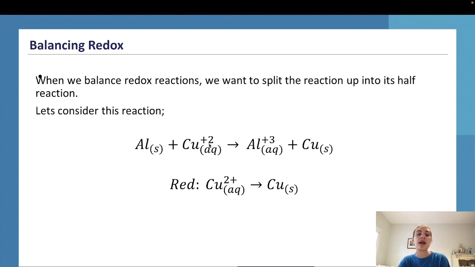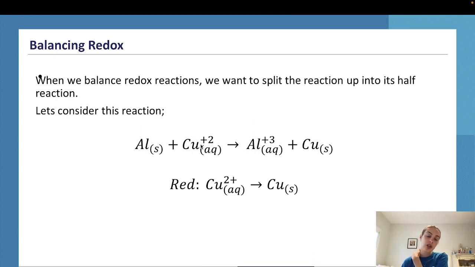We can see that we've got copper going from copper 2+ to copper solid. Copper solid has a charge of 0, whilst copper 2+ has a charge of +2.